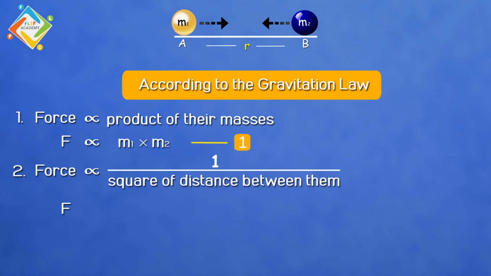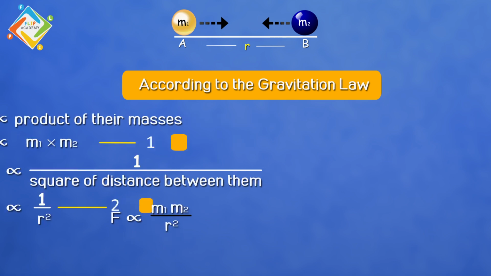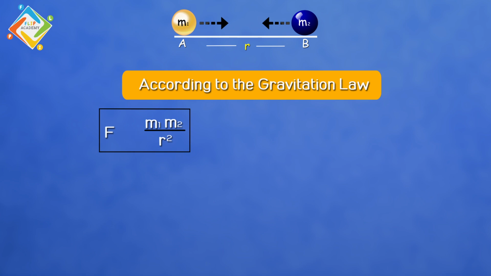That is, F is inversely proportional to r square. On combining the above two expressions, we get that F is directly proportional to m1 into m2 upon r square.